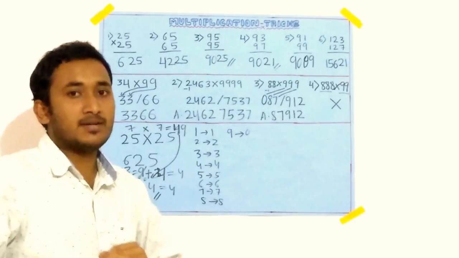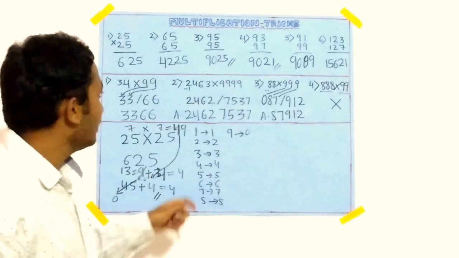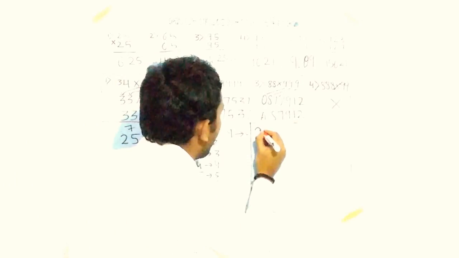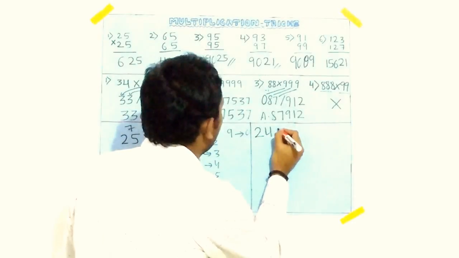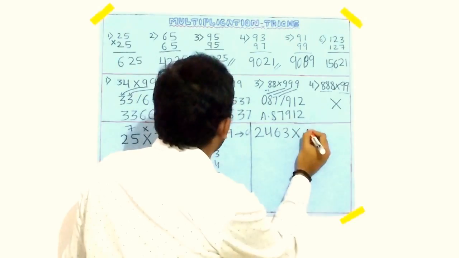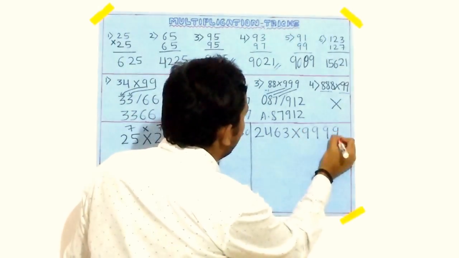So if there is a bigger number calculation, this trick helps a lot. Okay, I will take a bigger number. Okay, we have here 2463 cross 99999.